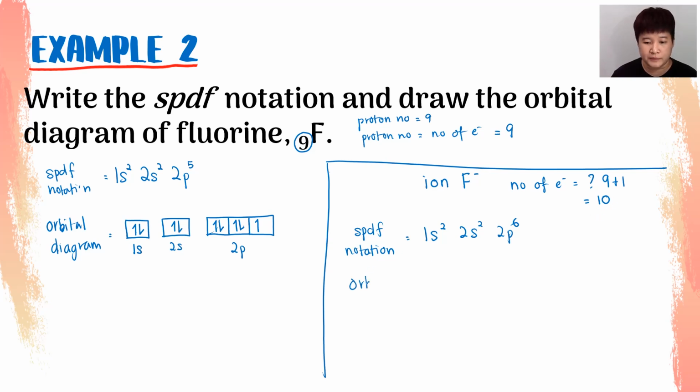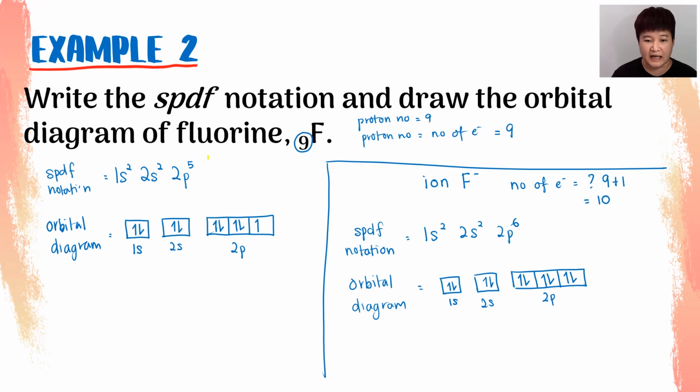And the orbital diagram will also change with the extra 1 electron, where you will see 1s with 2 electrons, and then you have 2s with 2 electrons as well. But the 2p will be holding 6 electrons right now. And according to Hund's rule, you will still fill in singly first before we pair up.